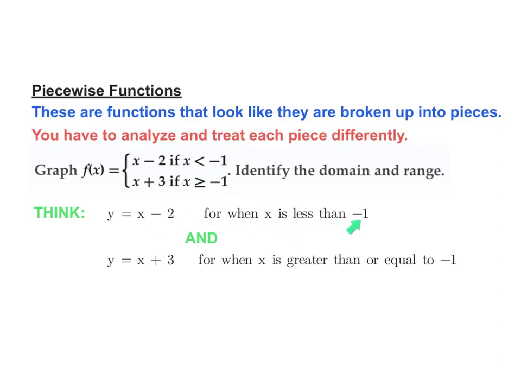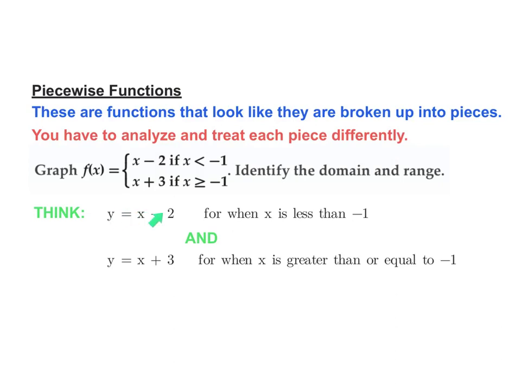So there's a restriction. The function looks like this only when x is less than negative 1. And also, the function looks a little different, the second piece, when x is greater than or equal to negative 1. So we put this little restriction. The shape of the graph will look like this for this condition. The shape of the graph will look like this for this condition.